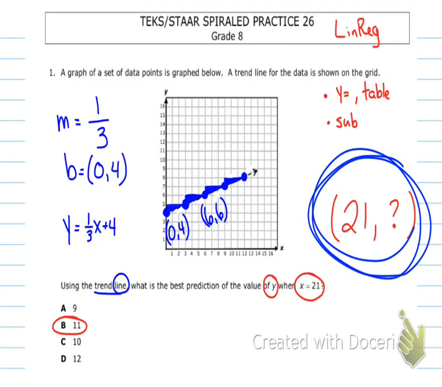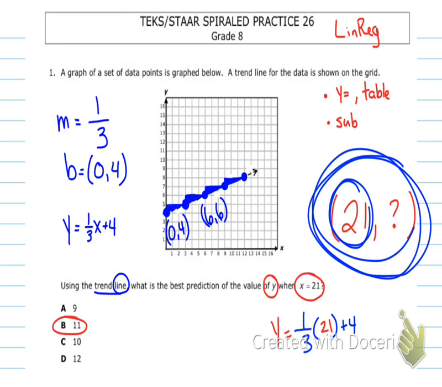Now, another method that I think works just as easy is substitution. 21 is an x value. Just go put 21 in place of x. So what I would do is 1/3, and I'm not going to say x now. I'm actually going to put the value of x, which in this case is 21. When I work that out, that is what y is equal to.